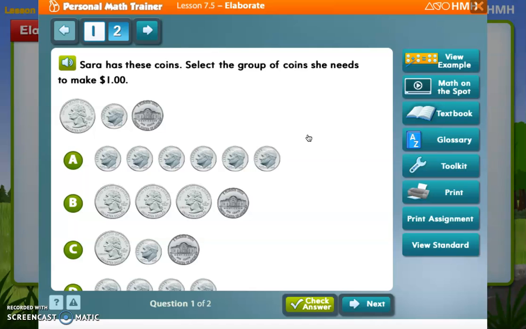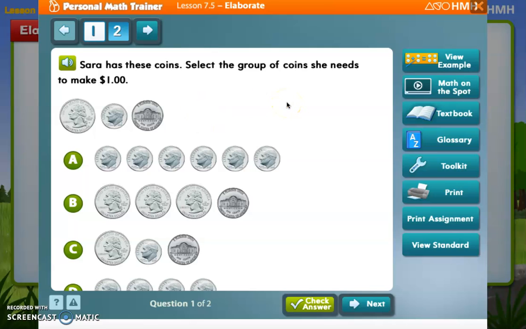Okay, so it says Sarah has these coins. Select the group of coins she needs to make $1. So I see that Sarah has a quarter, a dime, and a nickel. A quarter is 25 cents. Then we add the dime, which is 10 cents, so that would make it 35 cents. And then a nickel would make it 40 cents.